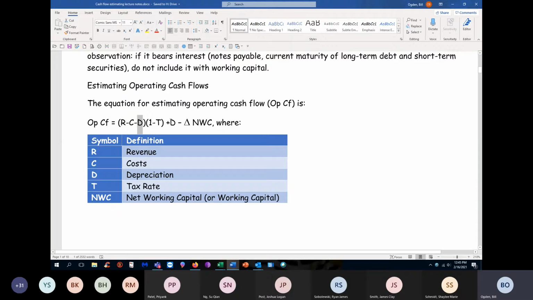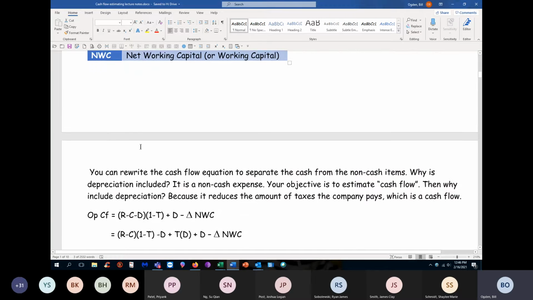And then we add back depreciation. Why do we add back depreciation? Because it's a non-cash expense. And then we deduct any change in net working capital, net operating working capital, working capital. All right, so here are your definitions. I hope you see those.